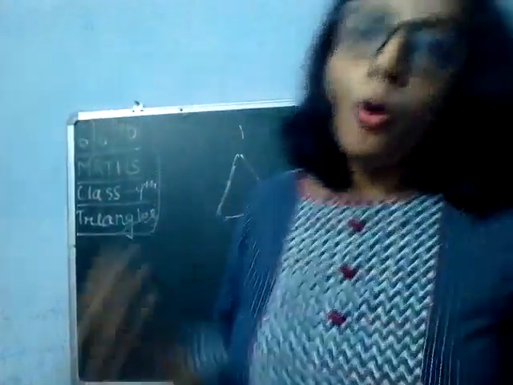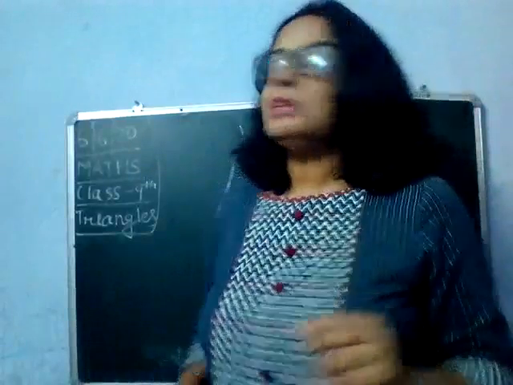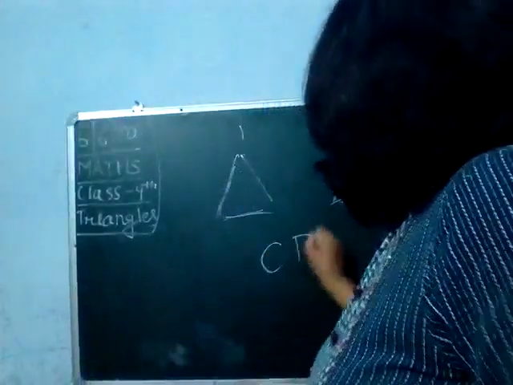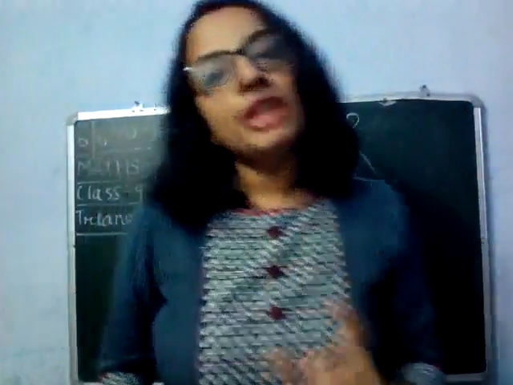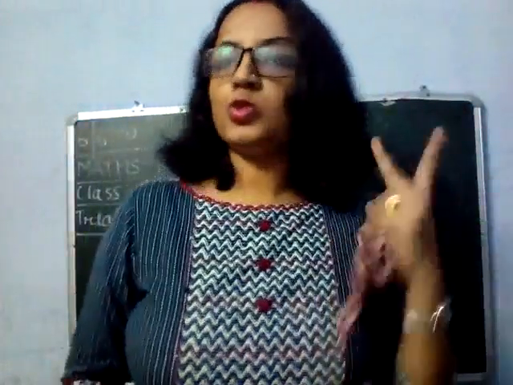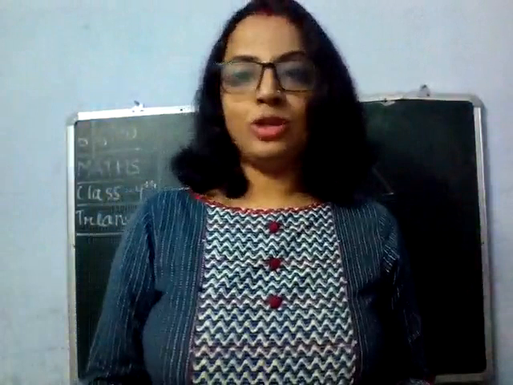This is obviously equal because of CPCT. CPCT means congruent parts of congruent triangles. This is the property of congruence: if two sides and two angles are equal, then automatically the third side or third angle is equal. So now let's solve some questions.